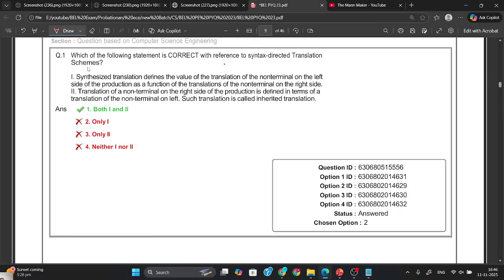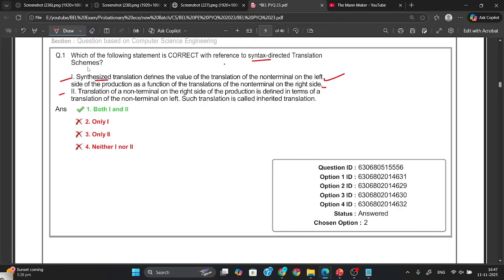Which of the following statements is correct with reference to syntax directed translation scheme? We have two statements, so you can read all the statements. Syntax directed translation defines the value of the translation of the non-terminal on the left side of the production as a function of translation of the non-terminals on the right side.